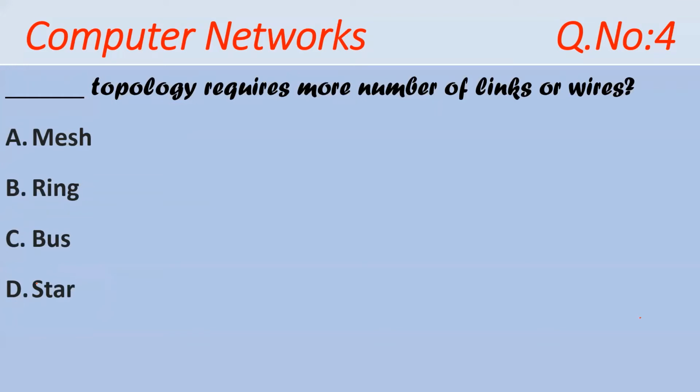So the fourth question is, dash topology requires more number of links or wires. So it is the mesh topology. In the mesh topology, it's a point-to-point connection between the two devices. So there will be more number of links and wires. Say for example, I'm having 3 devices.